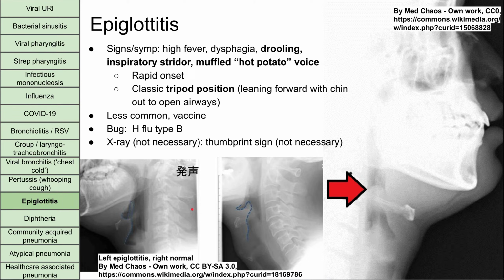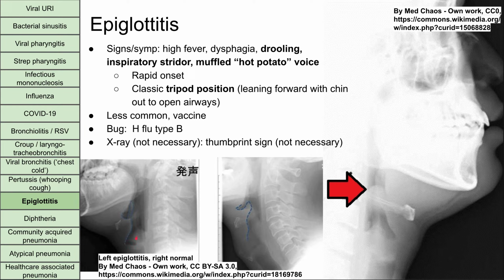This is another one that's less common now because of a vaccine. We have the H-flu vaccine, or the HIB vaccine, Haemophilus influenzae type B, and that's a good thing, of course. The X-ray is not necessary, but you can see a thumbprint. So this is an example of epiglottitis. Just to be clear, this is the airway here.